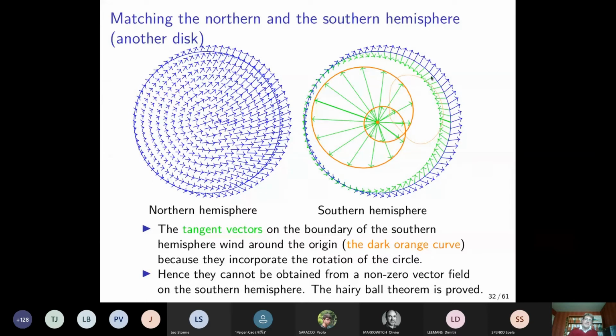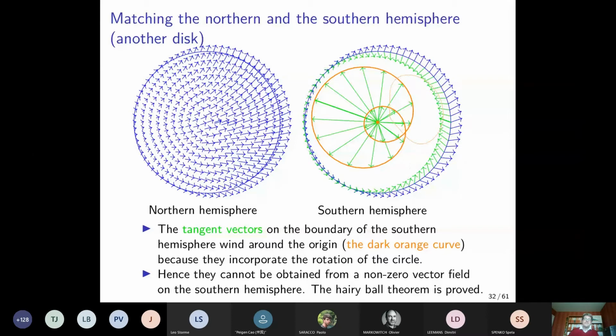But now we are reflecting across the circle. So somehow the rotation of the circle gets incorporated in the rotation of the orange line. And that's why it goes around the origin. And if you think a little bit about this, you can actually understand why it has to go twice around the origin.